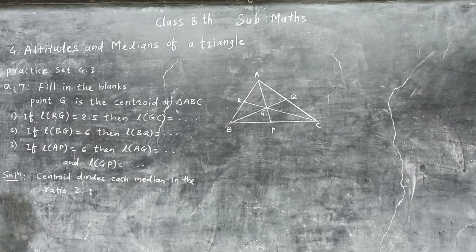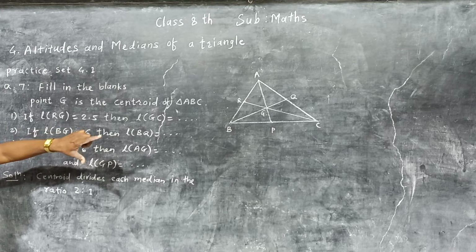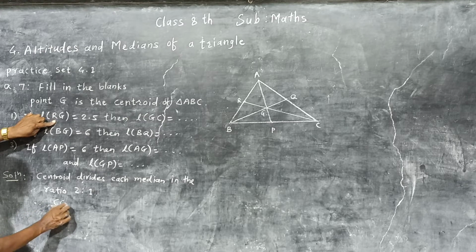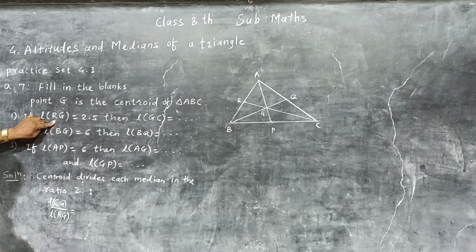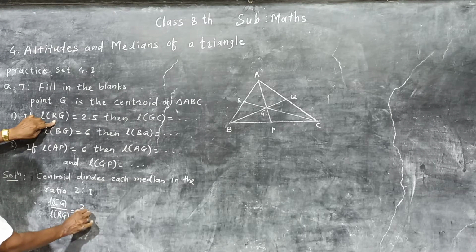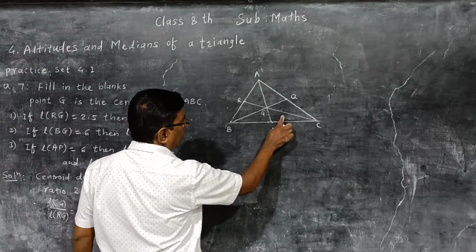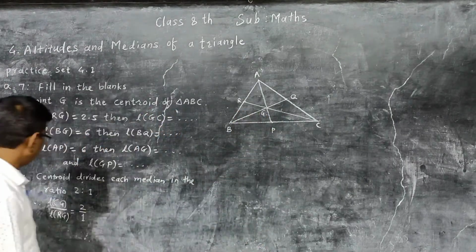Therefore, length CG to length RG is 2:1, because CG is 2 parts and RG is 1 part.